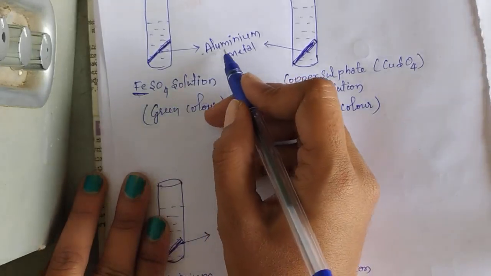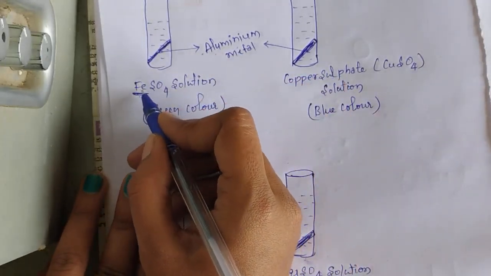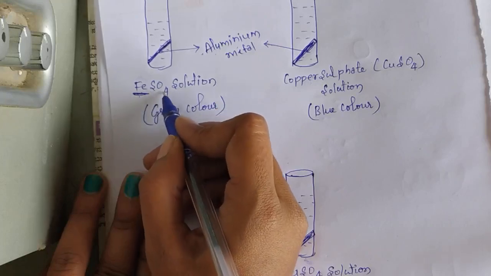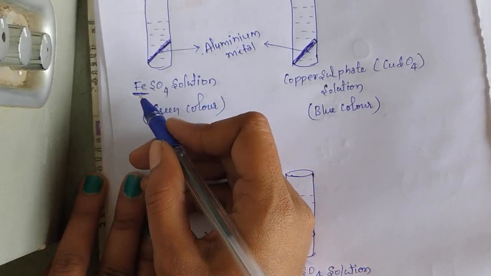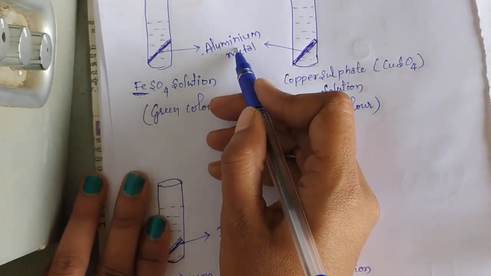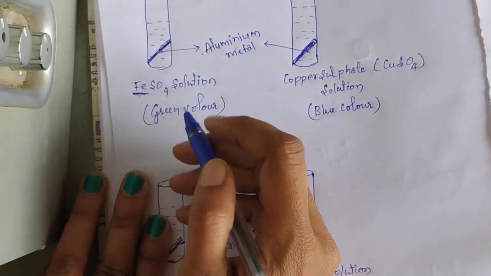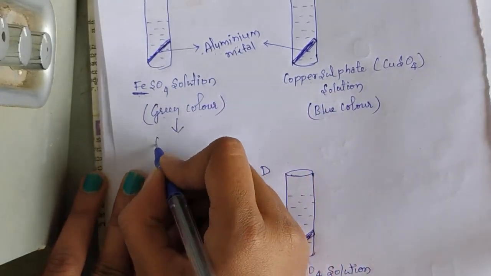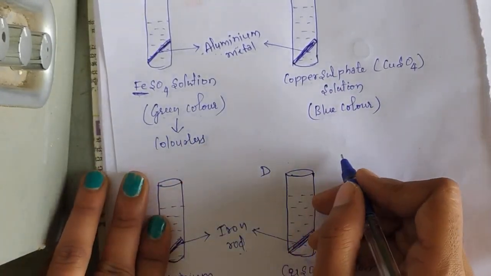Therefore, aluminum metal will displace the iron ions from the ferrous sulfate solution. As soon as all the iron ions are displaced by aluminum ions, the green color of the ferrous sulfate solution changes into colorless.